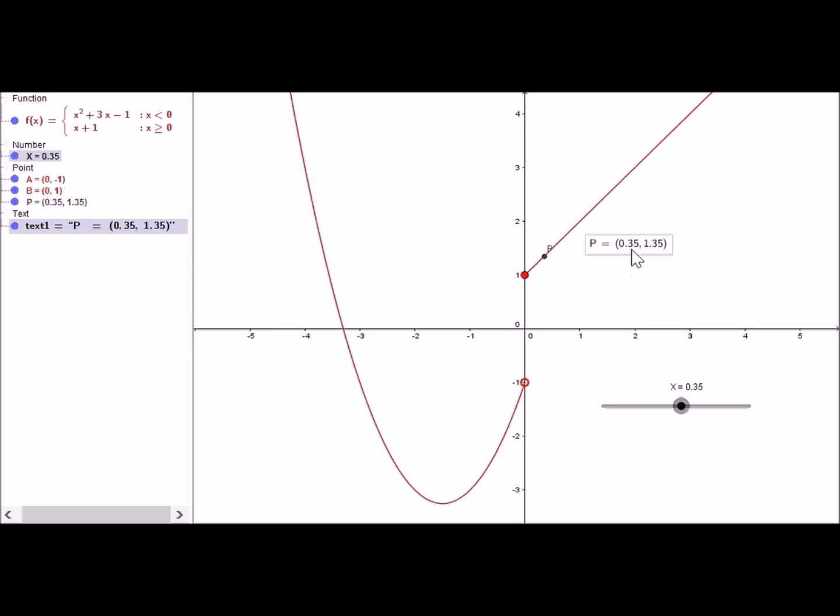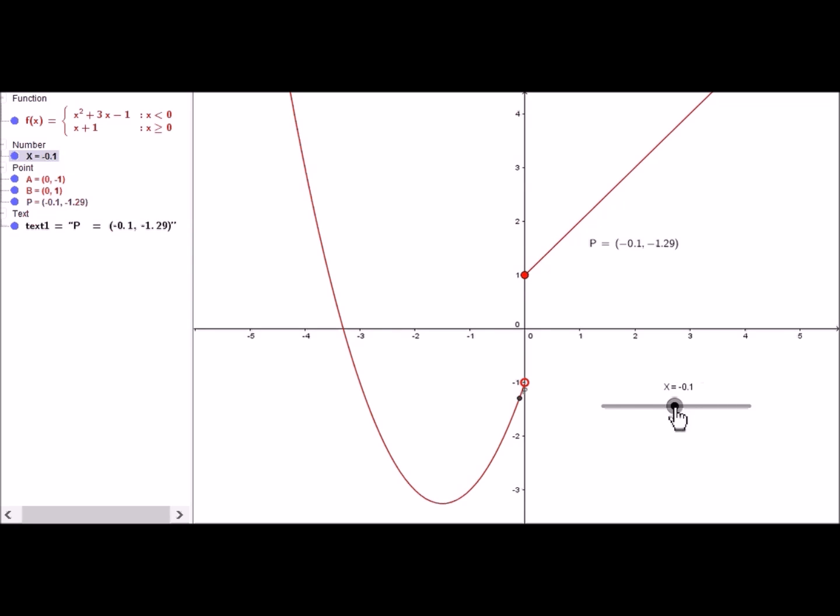I will approach 0 coming from the right, which means I want positive values here. So I will move my slider and make those values as close as I can to 0 and see what those y values are. This is a way of illustrating what a limit coming from the right might be.